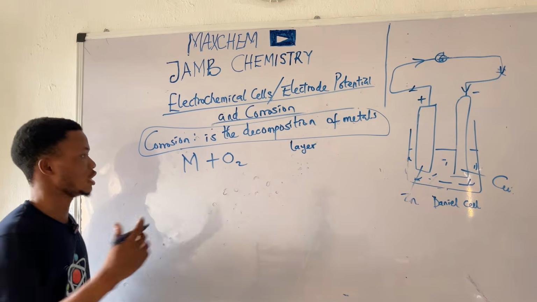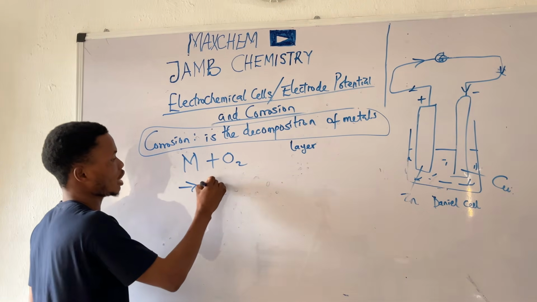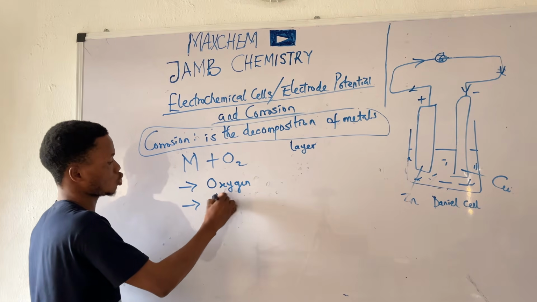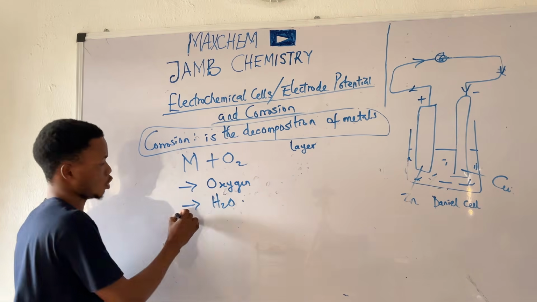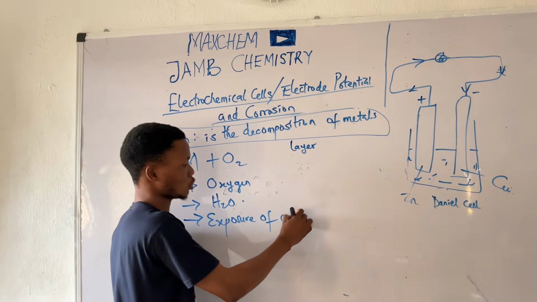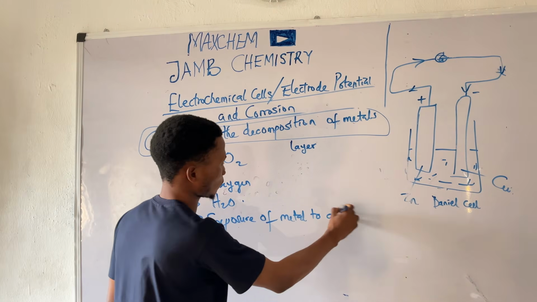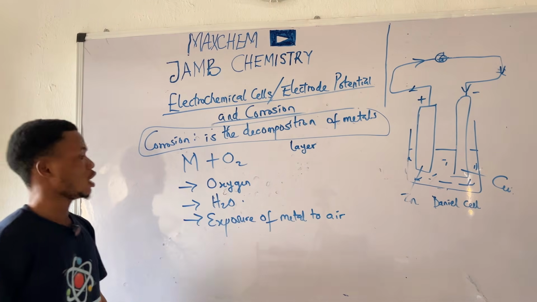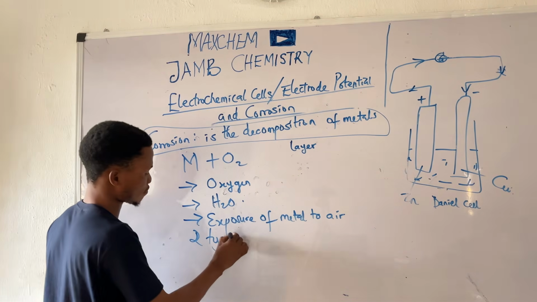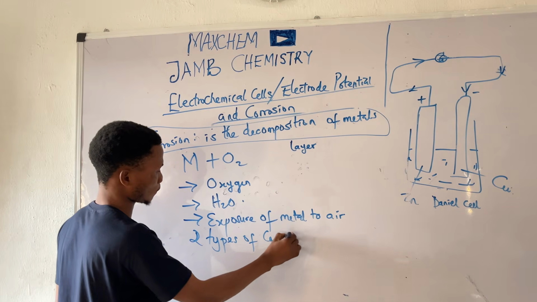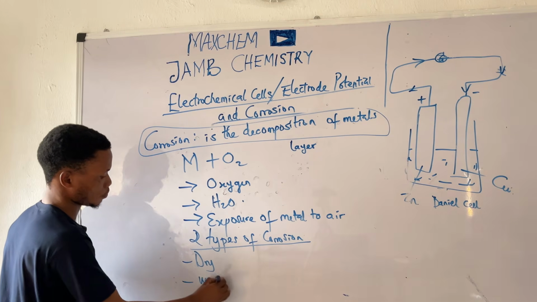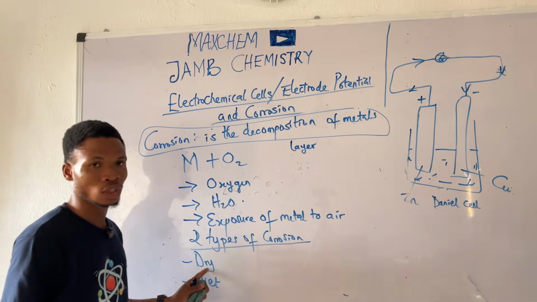The things that cause this are, number one, the reaction of a metal with oxygen, the reaction of a metal with H2O, with water, and the exposure of metal to air. And we have two types of corrosion: the dry corrosion and the wet corrosion.